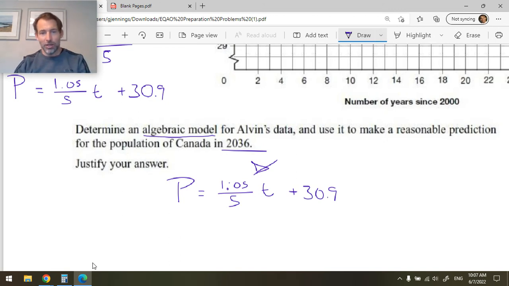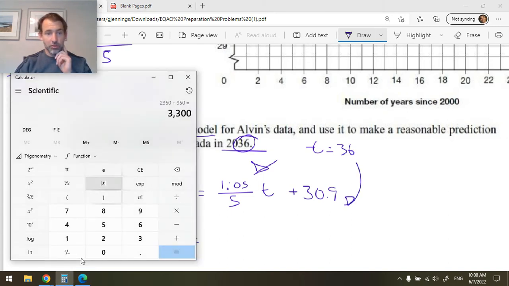Now, what do we want to do here? We want to evaluate for T equal to 36. So let's evaluate that. Population is equal to, I'll just do it on a calculator, 1.05 divided by 5 equals 0.21.